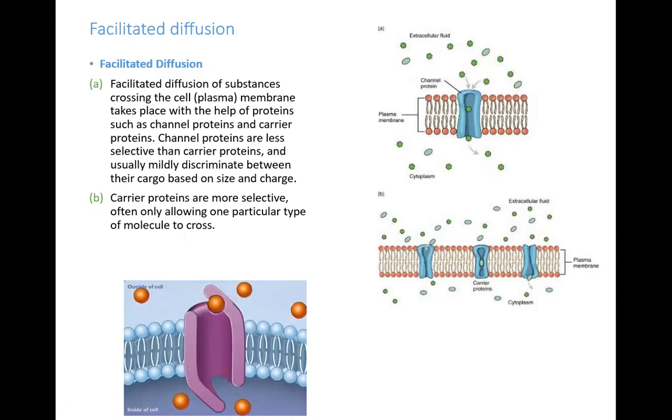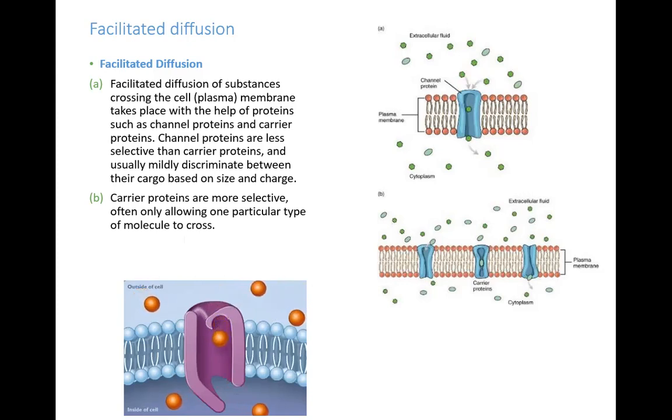If it has a receptor site on the carrier protein, and all the carrier proteins are going to be different, if it lands on the right receptor site, it will change the shape of the carrier protein so that it can go on through. You'll notice how the substance lands on the top of the protein and it goes in. The bottom is now open to the inside of the cell and the top is closed until something else comes along. And then whatever that something else is, it lets it through.